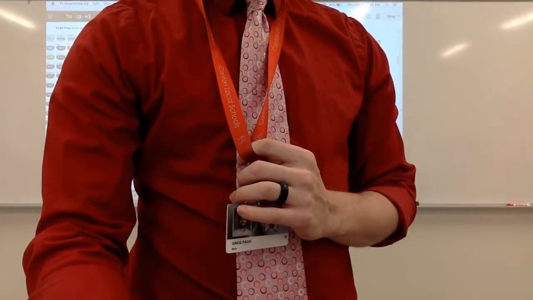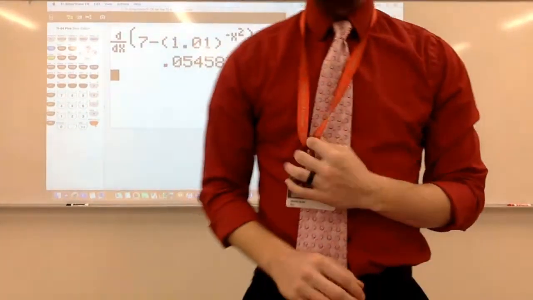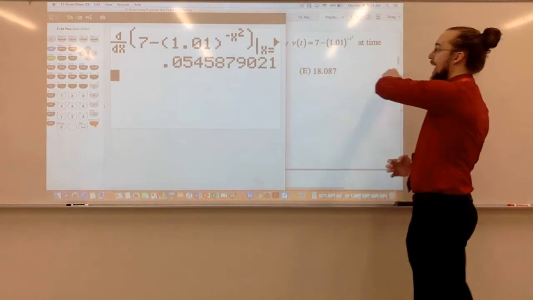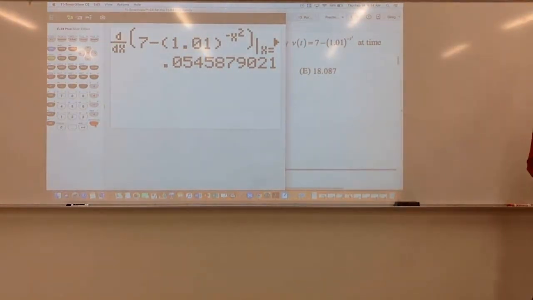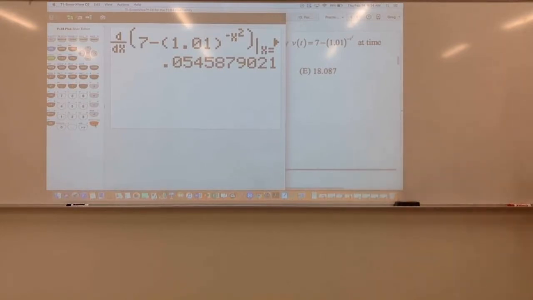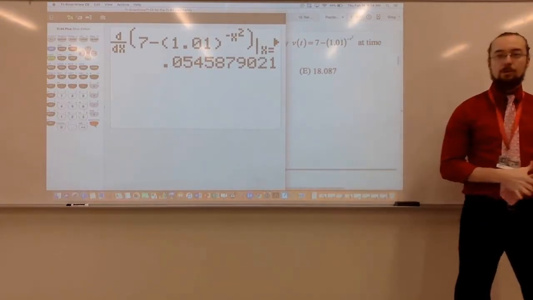And I want to evaluate this at x equals 3. So the calculator tells me the slope of this function at 3 is 0.055. Okay. So that's all we had to do for this one. Right? We just needed the slope at a certain point. And this was a one-step problem, actually. You okay with that one?